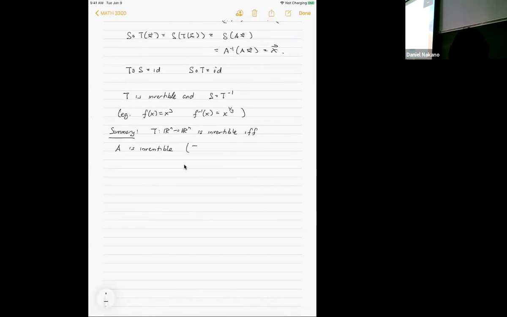Okay, so here T of x is equal to A times x. Okay, moreover, the inverse function is equal to A inverse times x. Okay, so if you have invertibility, you can write the inverse in terms of the inverse of the matrix. Okay, any questions on this?